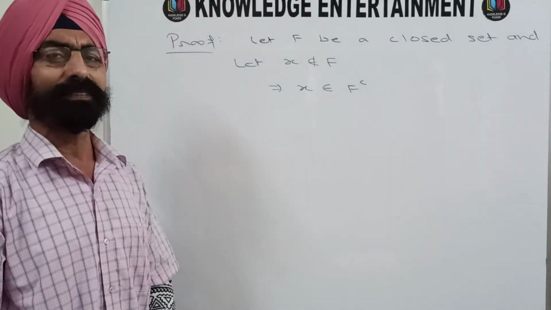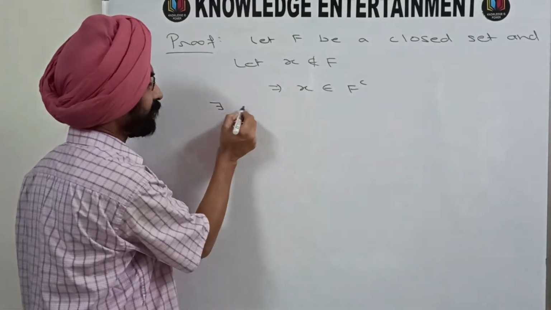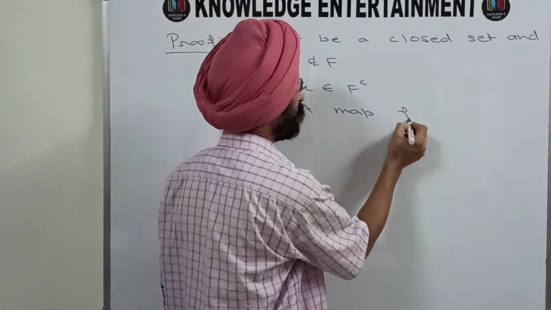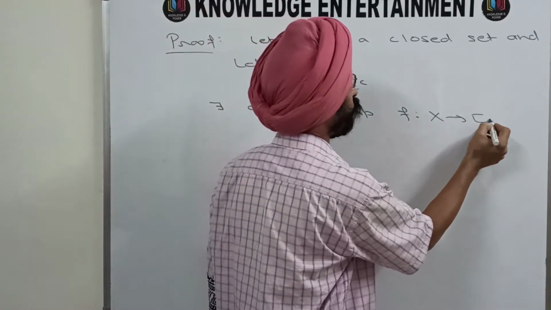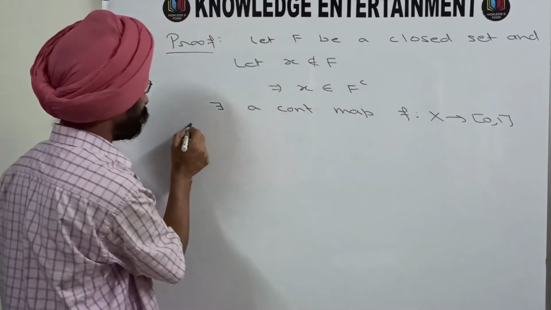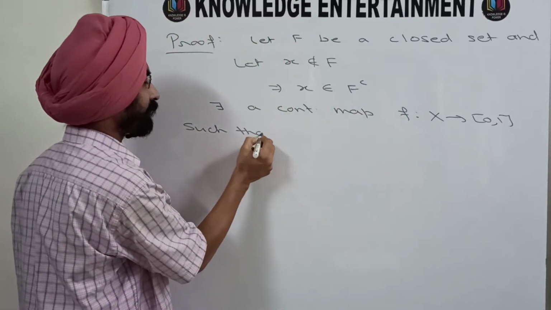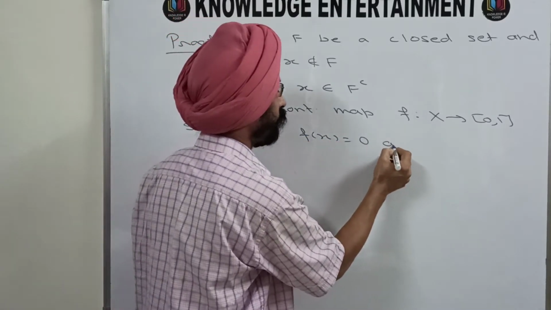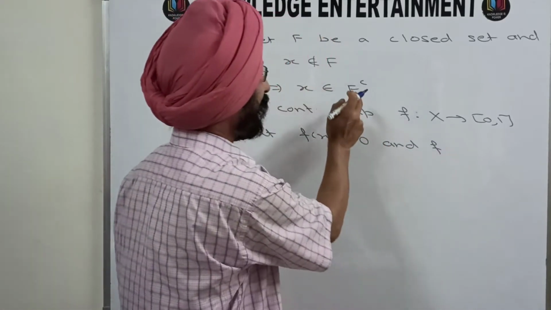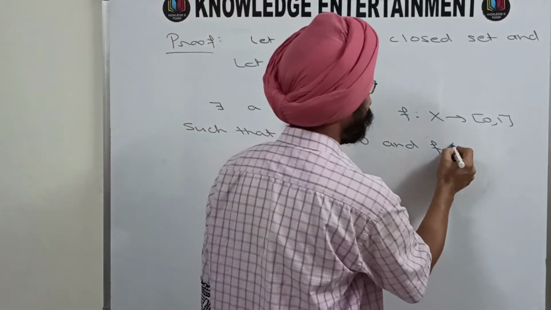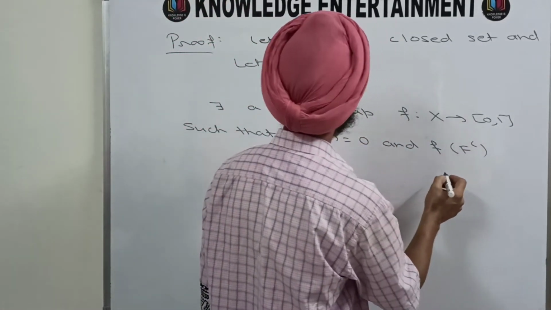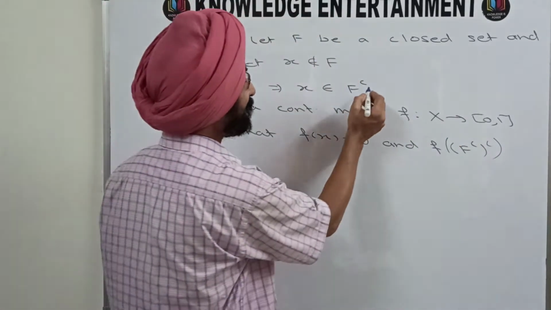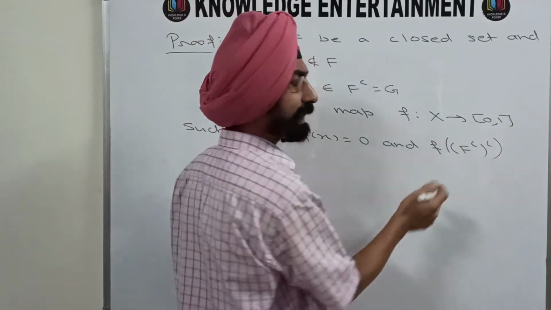So therefore by the given condition there exists a continuous function f from X to 0, 1 such that the image of x is 0 and the image of every point of F complement's complement, because in the statement it is G and here you have G complement.